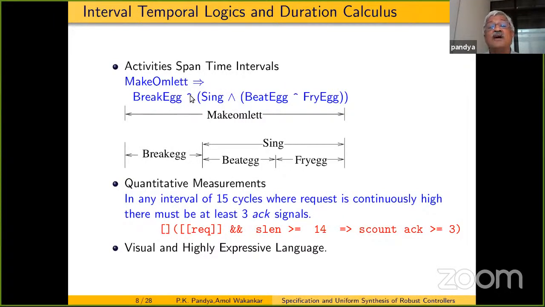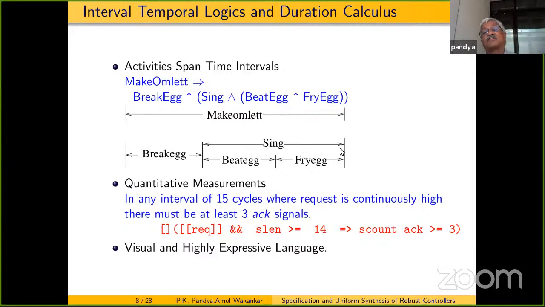So the chop here is the followed-by operator. Making the omelette implies there is a sub-interval of breaking the egg followed by the activity within this bracket, which involves singing the song concurrently with beating the egg followed by frying the egg.